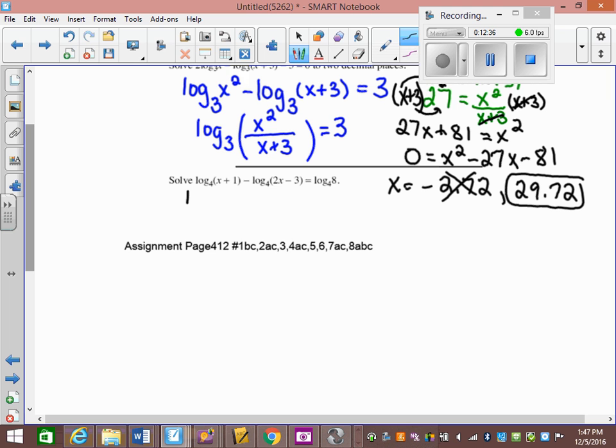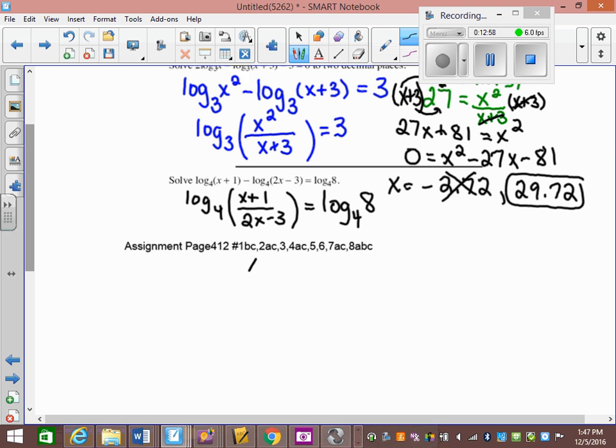This one, you'd go log base 4, because they have plus and minus 1s in front. You get this, equals log base 4 of 8. Because they're both logs, I don't have to change this to exponential or anything, right? I don't have a random number by itself that I need to move to the other side so I can change it to exponential.